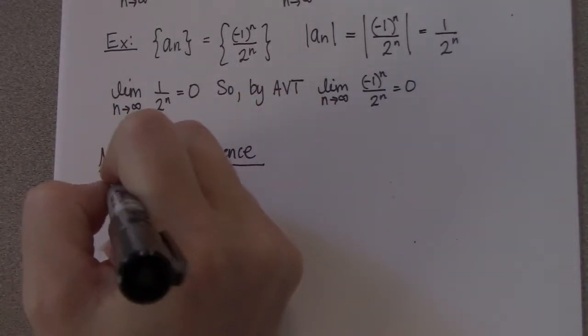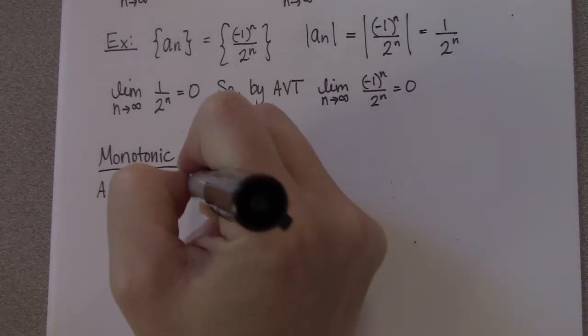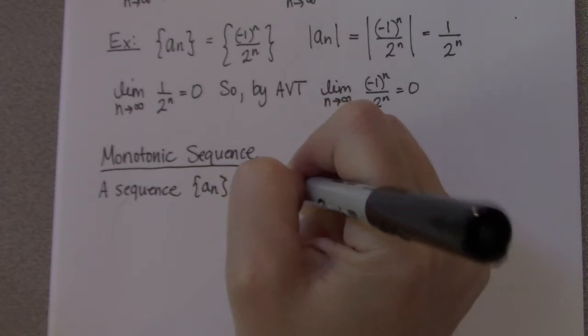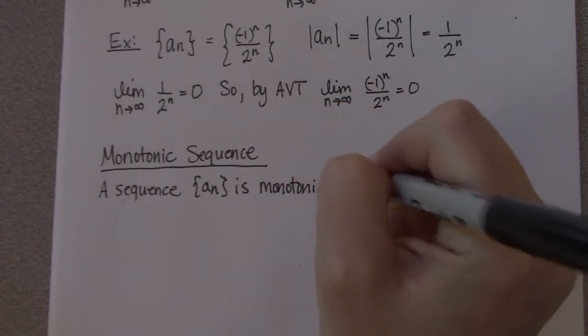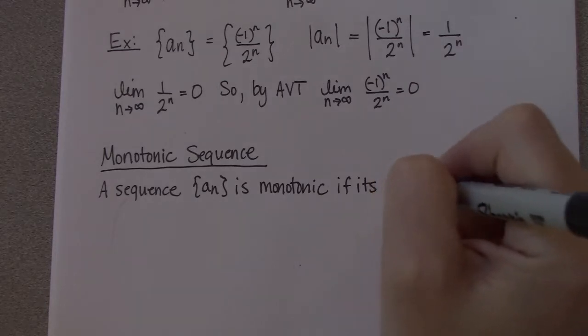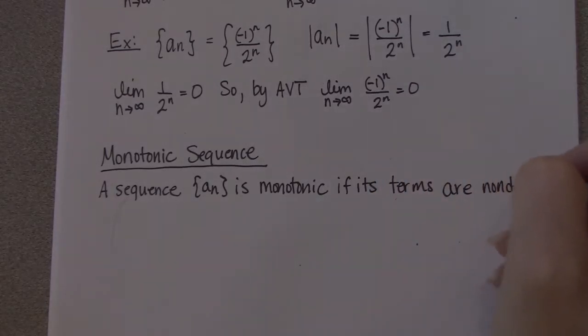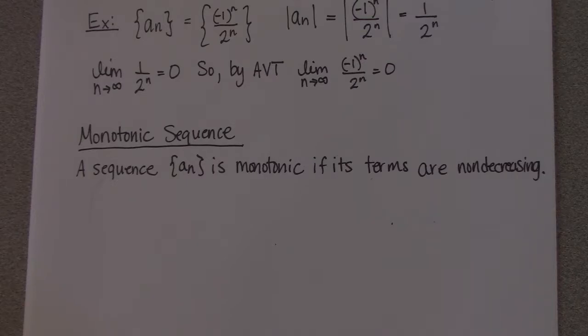So a sequence is monotonic if its terms are non-decreasing.